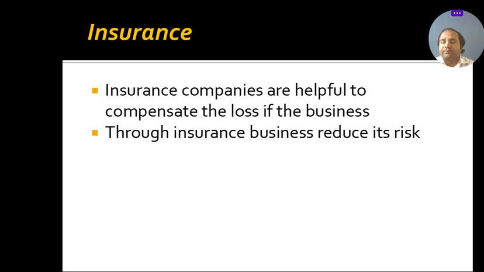So insurance companies say that if you face any type of loss, we are here to compensate it, for example loss by fire, accidents, and other risks. The benefit of insurance is that, after availing its services, the businessman takes risk and expands operations properly.